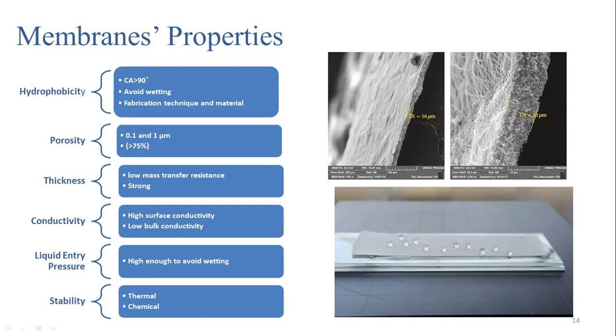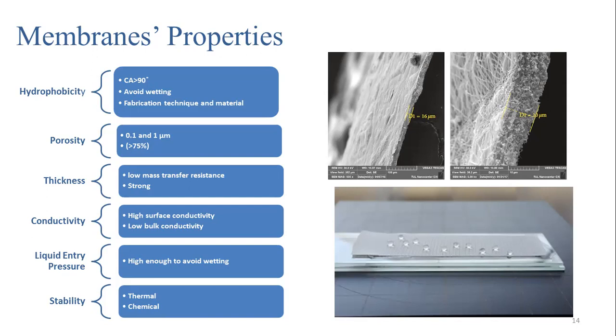So for this reason, the membrane is hydrophobic, or if you want, it has a phobia of water. This is the main reason for this name. It hates water, so it won't allow water to enter, but it will allow water vapor to enter due to the other property, which is called porosity. The membrane should be highly porous in order to allow vapor to enter, but not water. And the maximum pore size should be no more than 1 micron.